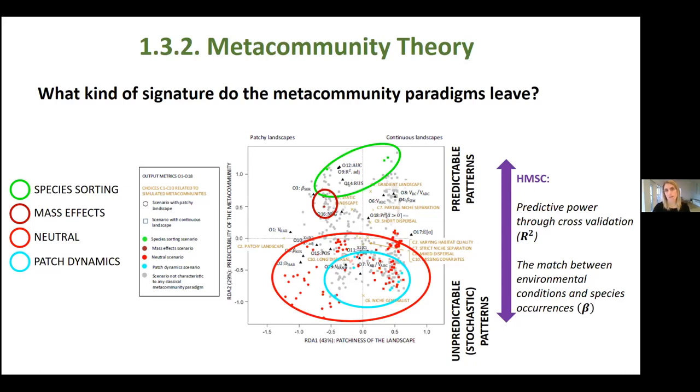So yeah, we can relate HMSC to metacommunity theory, but perhaps in a more disappointing way than you might have expected. But this is not a shortcoming of HMSC. This is a shortcoming of the data that we usually use in community ecology, and is a characteristic of any statistical method that you might use for this kind of data.